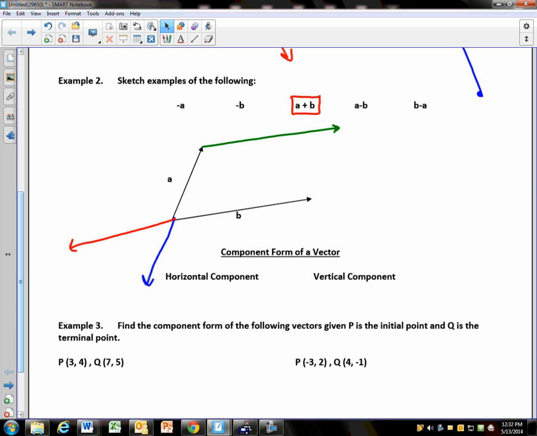So you just place it right there, and this becomes a drawing of A plus B. Your book will show it like this. It will actually connect the two together. This vector right here represents A plus B. So that's where you end up.